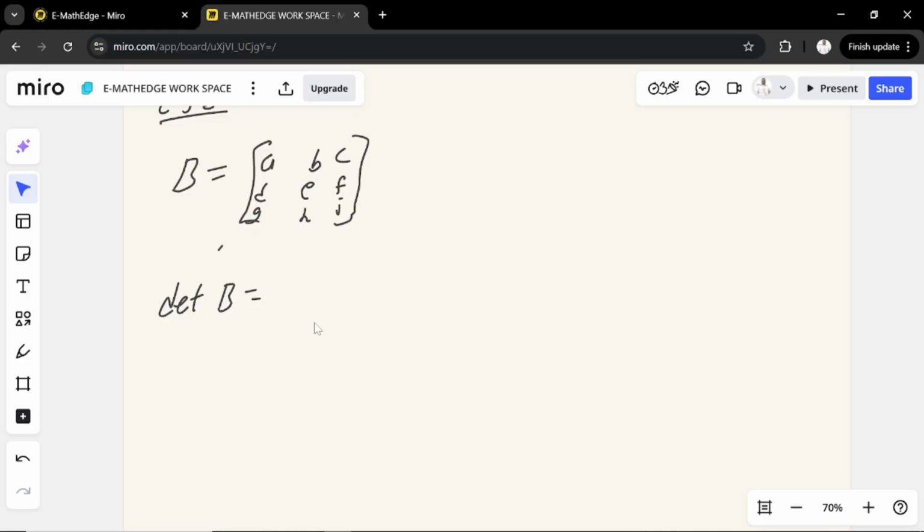Here we have a 3 by 3 matrix which we named B, which has the elements a, b, c, d, e, f, g, h, and i.